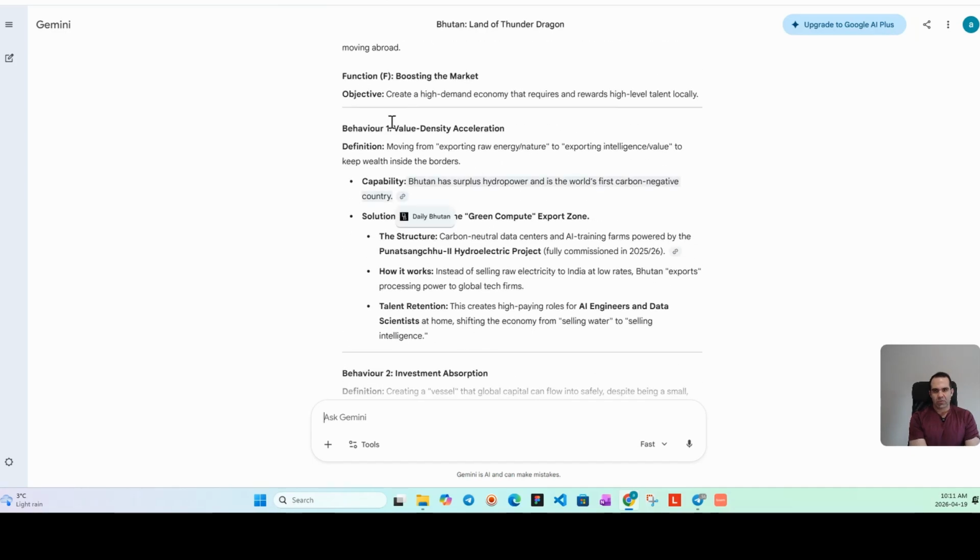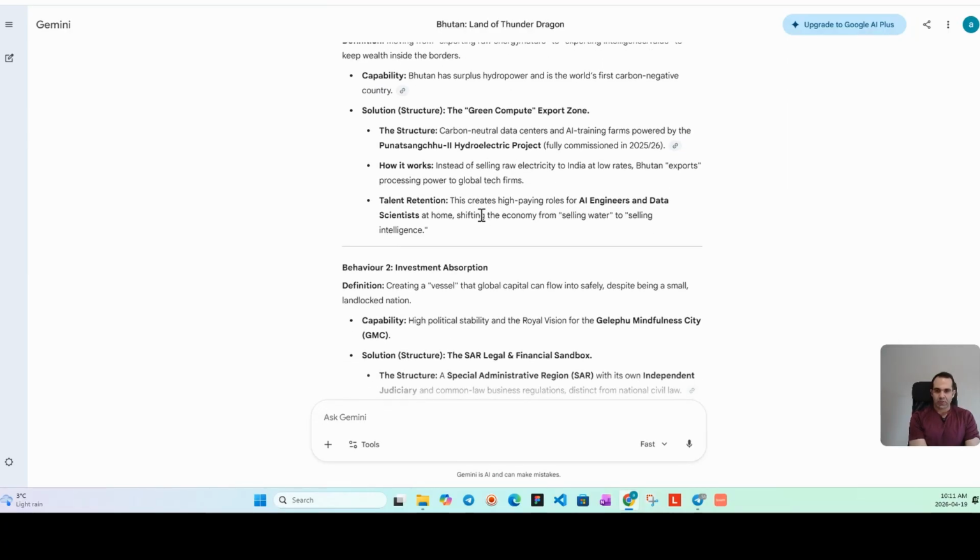Okay, so it says about the energy. I think they are already focusing on developing some data centers or other facilities that need electricity.